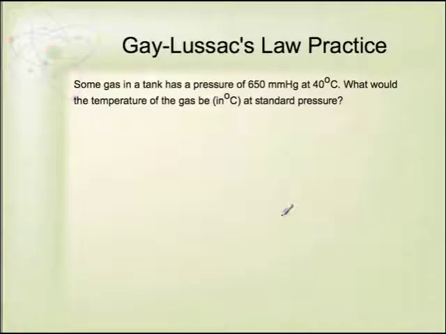Gas in a tank has a pressure of 650 millimeters of mercury at 40 degrees Celsius. What is the temperature going to be if we raise the pressure to standard pressure? Again, there's no number there, but standard should wave a red flag in your head. My initial pressure is 650 millimeters of mercury.